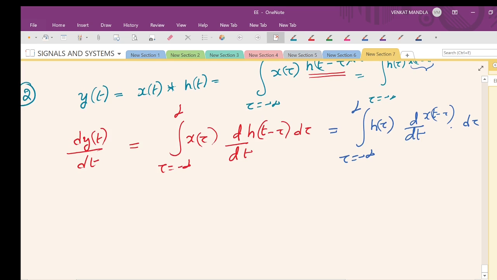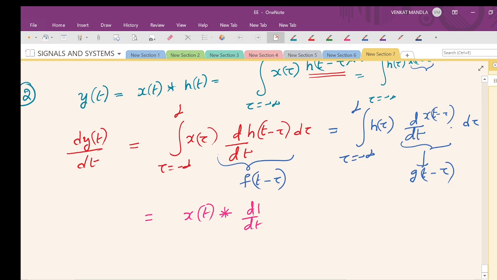So from this, this is some function, let us say some f of t minus tau. This is some other function, let us say some g of t minus tau, right? So I will write this as x of t convolution with d by dt of h of t, d by dt of f of t.